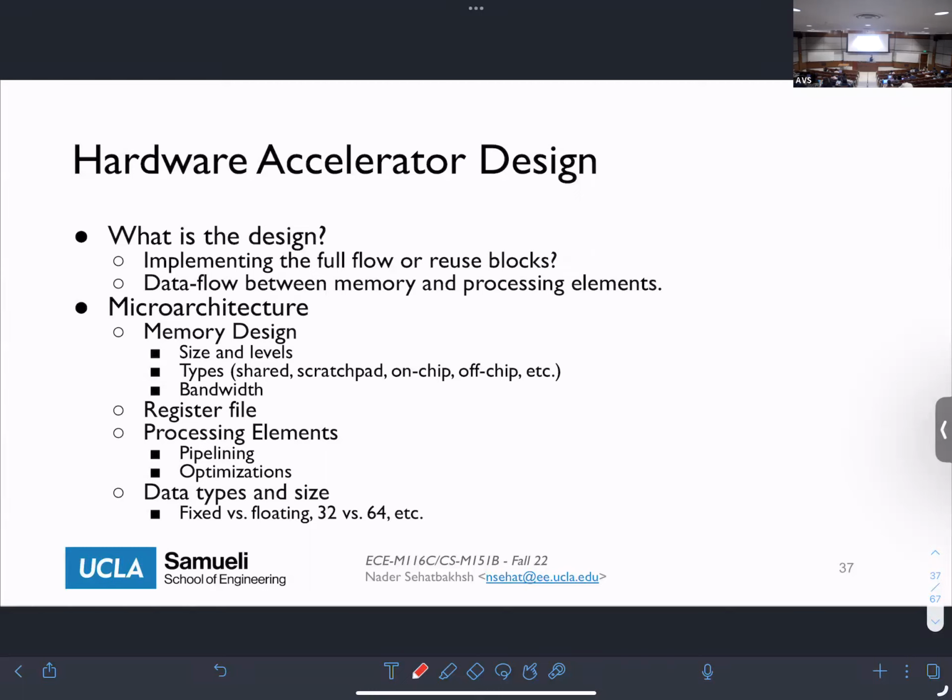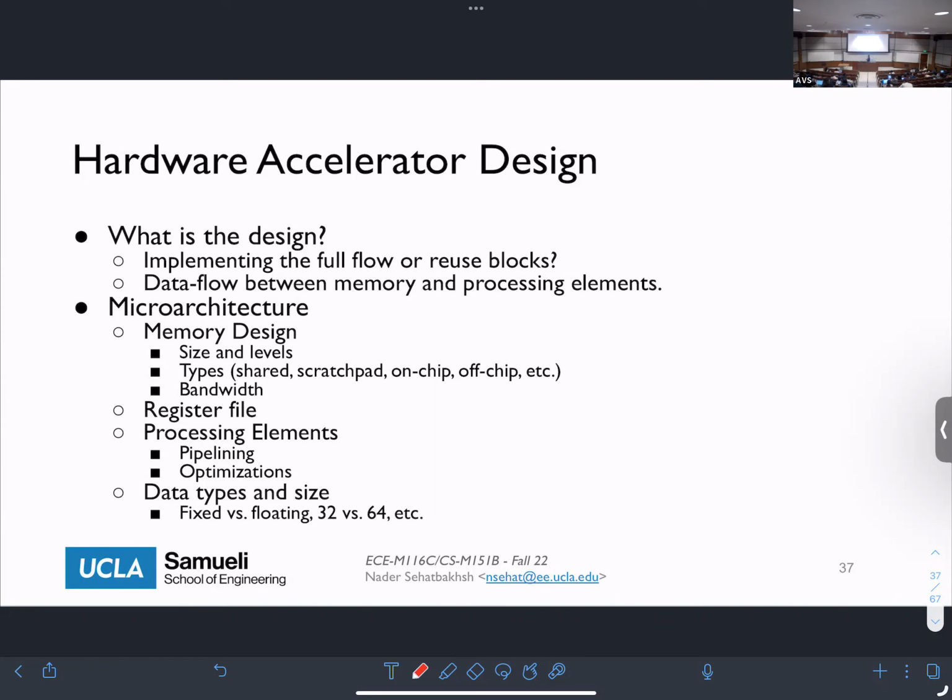You also need to make a decision about how you're going to use your memory system, and how you're going to design your microarchitecture. So all these different things: how do we do pipelining? How many stages do we need? What's the buffer size? What is the bandwidth of the memory? And what's the data type? What is the data size? Whether we're going to use 32 bits, 64 bits, and so on and so forth.